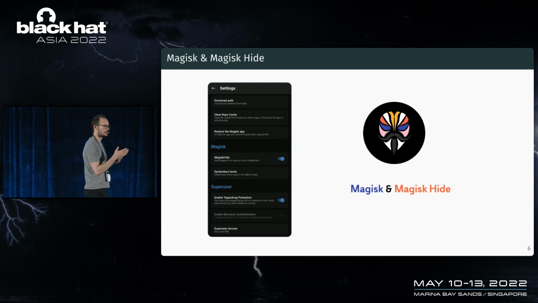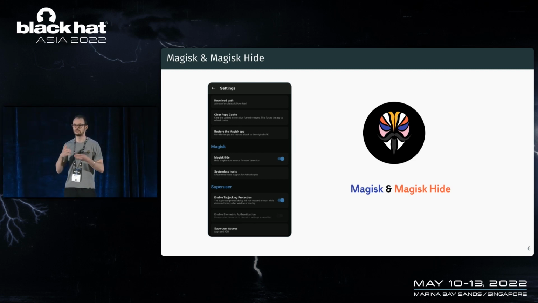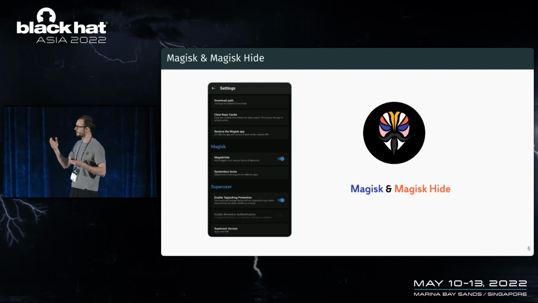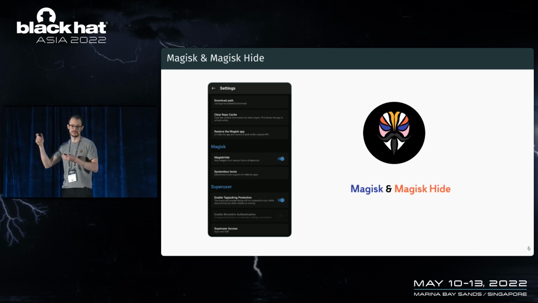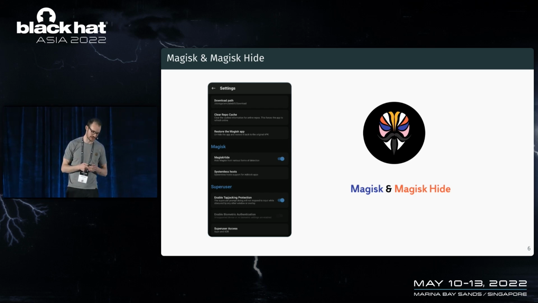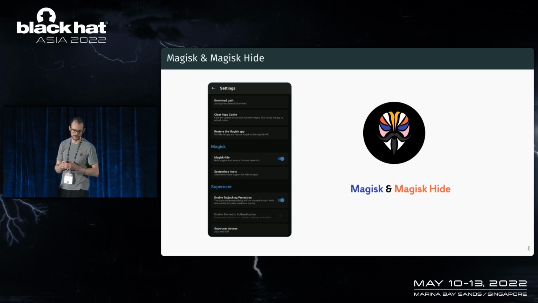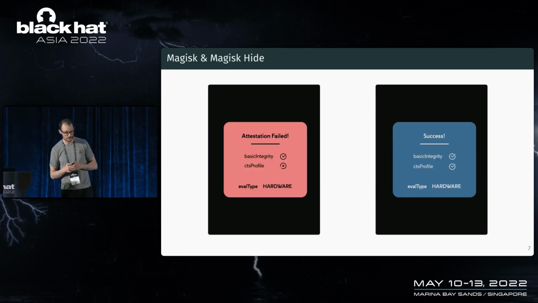It's very well designed, and they found some tricks to basically bypass SafetyNet, like just by enabling a setting in the application. So it was actually very easy to bypass SafetyNet thanks to Magisk and MagiskHide.